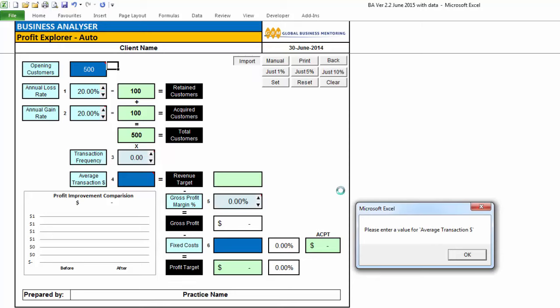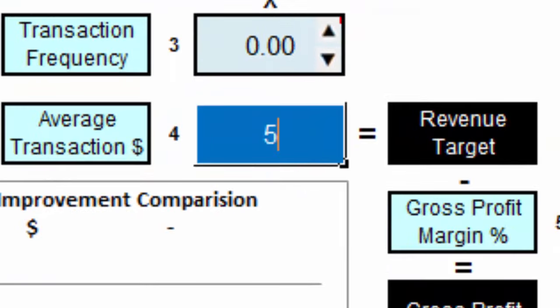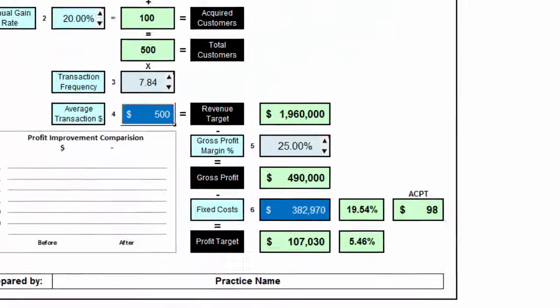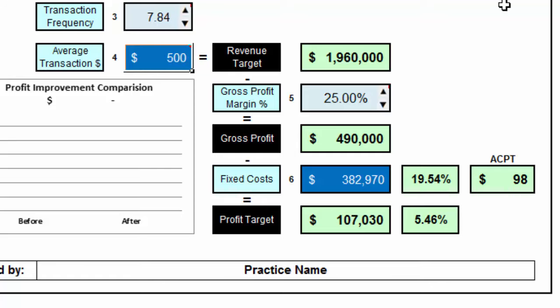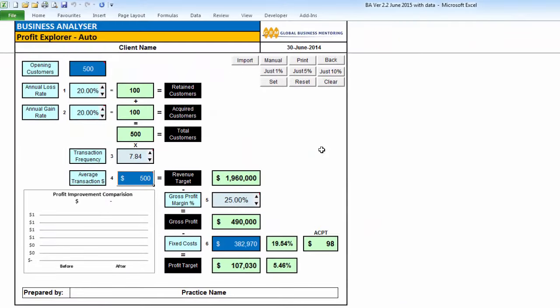It brings up a second window asking for the average value of a transaction in the business. And for today's purposes, we'll choose 500 again. And we'll try one more time, and then you can see it populates.